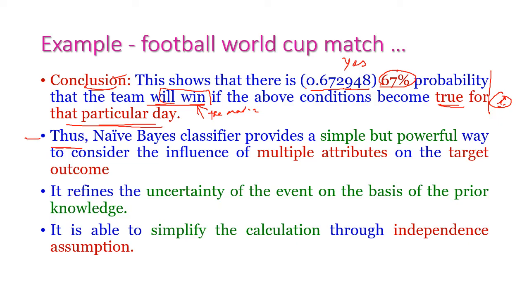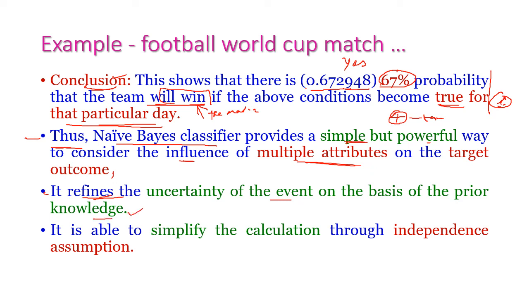Hence the Naïve Bayes classifier provides a simple but very powerful way to consider the influence of multiple attributes on the target outcome. Here also in our problem we used 4 different attributes on the target outcome. And it refines the uncertainty of the event on the basis of prior knowledge.